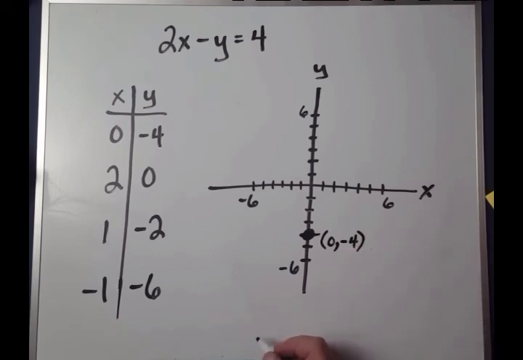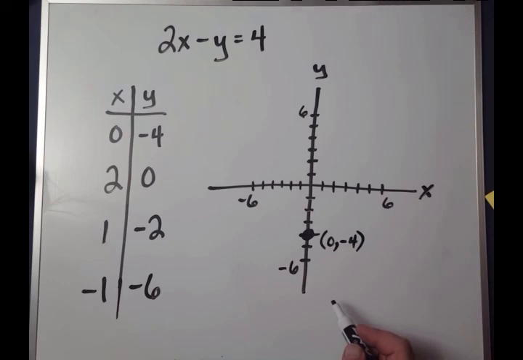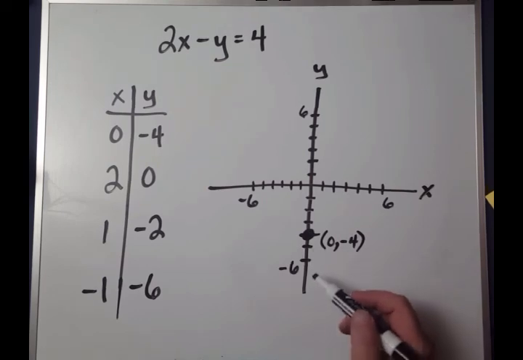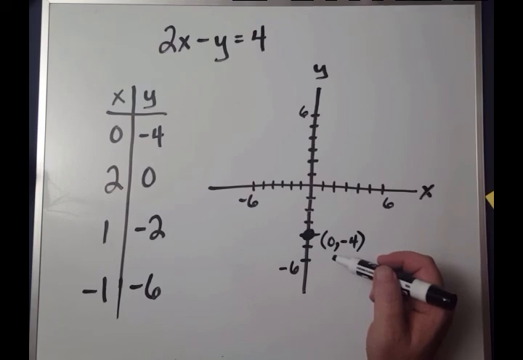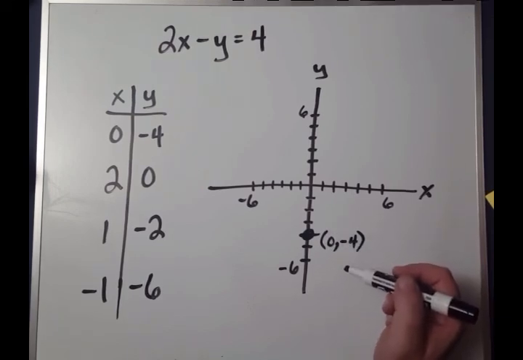By the way, in what quadrant do I find the point (0, -4)? (0, -4) is on the y-axis. It is considered to lie in no quadrant. Any point on an axis does not belong to a quadrant. So be very careful when you're asked those types of questions.